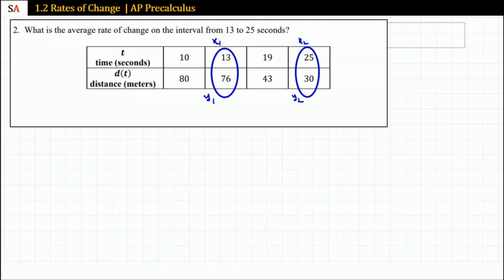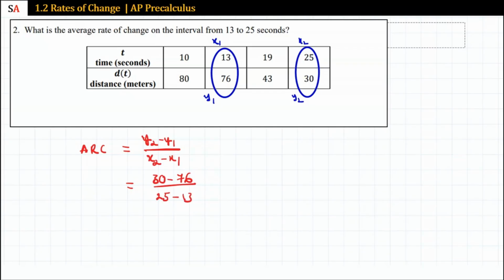Now the average rate of change, ARC, is equal to y2 minus y1 over x2 minus x1. From the table, y2 is 30 minus y1 is 76, over x2 is 25 minus x1 is 13.